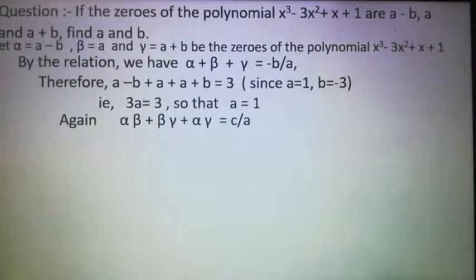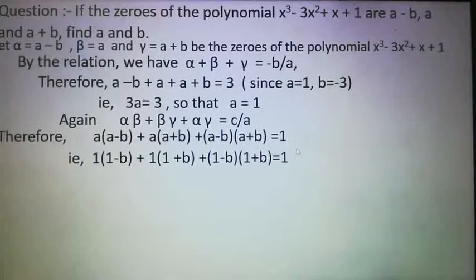Next one is alpha beta plus beta gamma plus alpha gamma is equal to c by a, where c was the coefficient of x, that is 1 by 1, 1. And for alpha beta plus beta gamma plus alpha gamma, you can substitute the values.